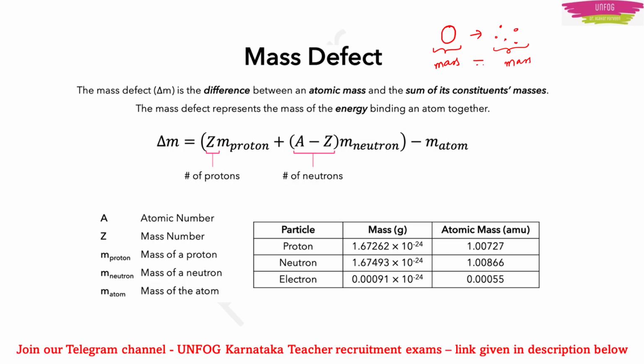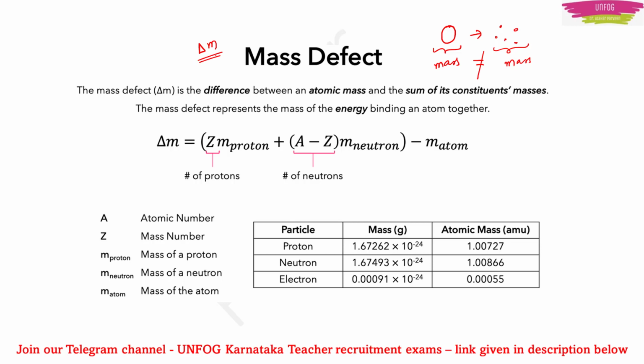But it is not equal. There is some difference. This difference is known as mass defect. So, the difference between atomic mass and the sum of its constituents' masses is known as mass defect. And how do you represent it? You represent it by delta M, because there is some change in mass, right?